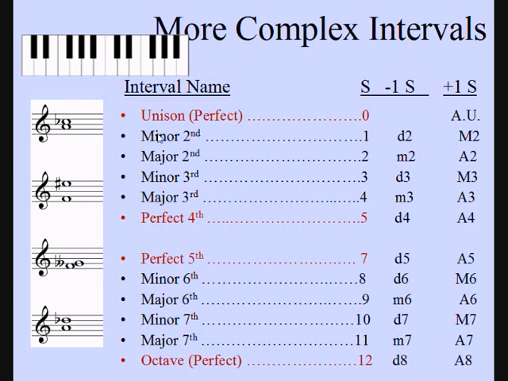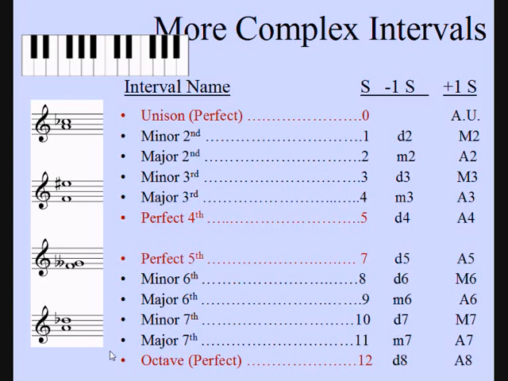Therefore, let's look at the second. It's a second that has lost 1 semitone to become a 0 semitone second. That is going to be a diminished second. 1 minus 1 is 0.